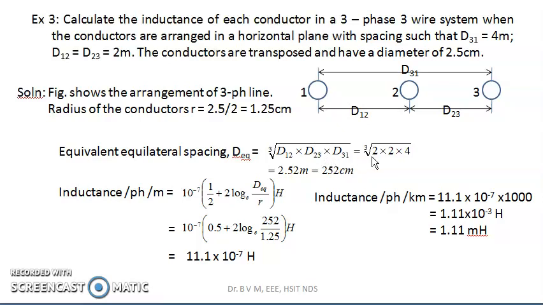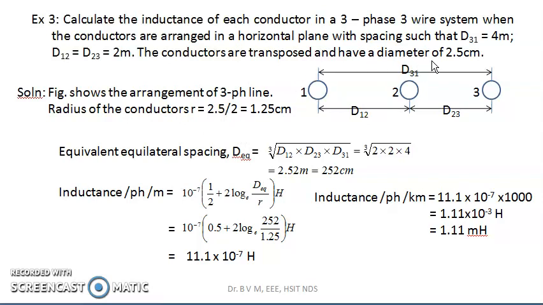Substituting the values which have already been given, we get 2.52 meters, which is nothing but 252 centimeters, because D equivalent and R should have the same unit. The radius of the conductor is the diameter divided by 2.